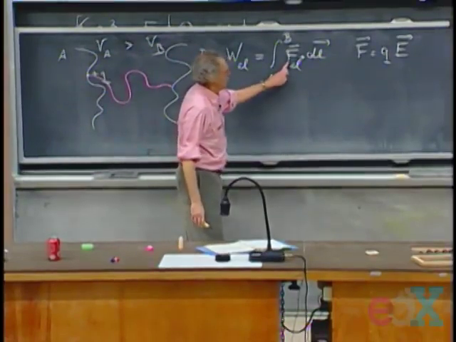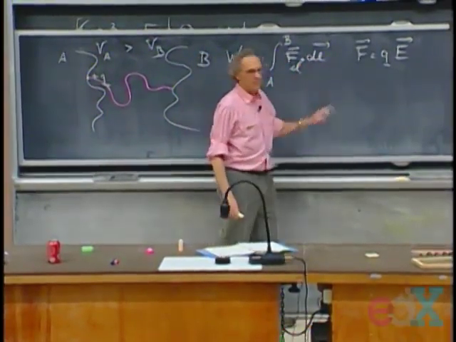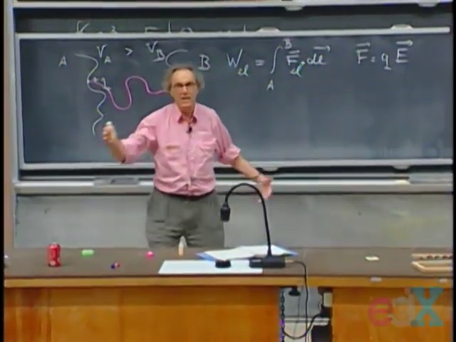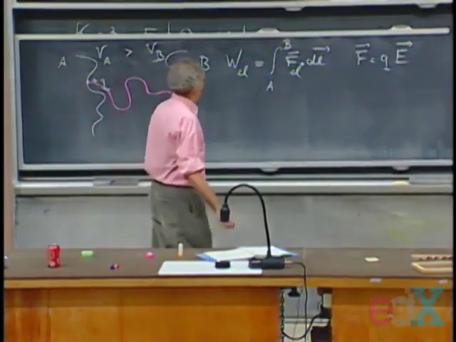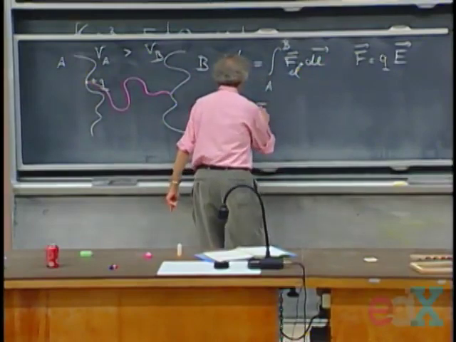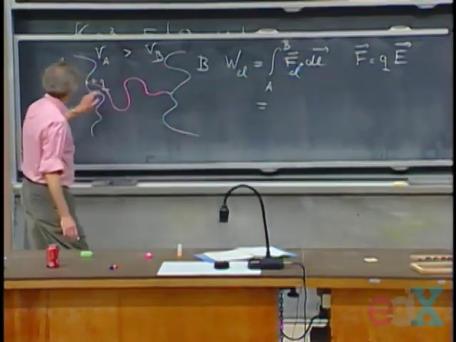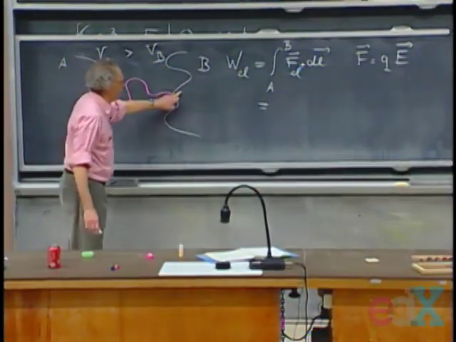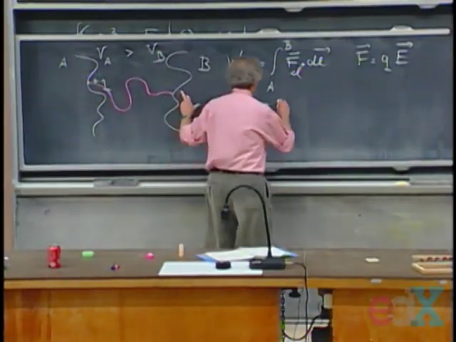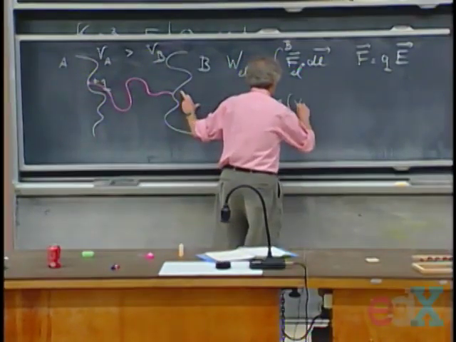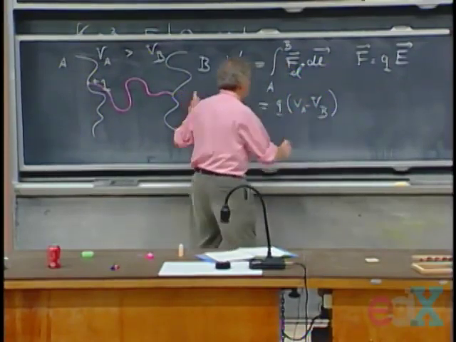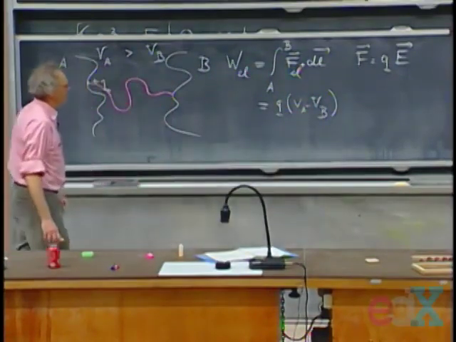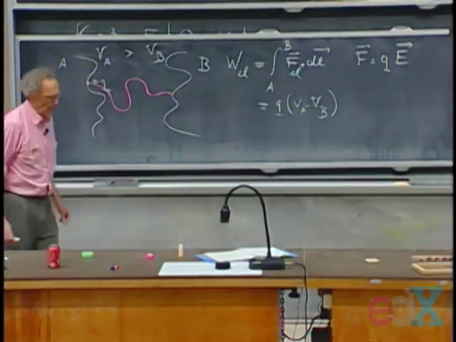And so you see, you get here a Q times E dL. But the integral of E dL is the potential difference between the two. And so the net result, therefore, is that the work done by the electric field, when this charge finally ends up here, is the charge Q times the potential difference VA minus VB, regardless of which path it chooses to go.